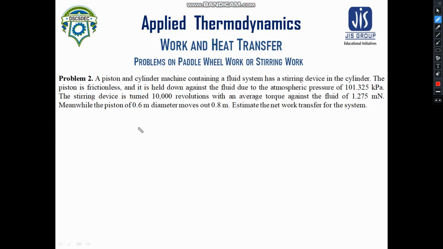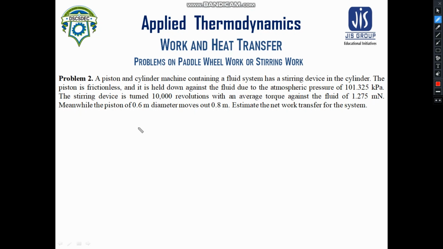So after the discussion on paddle work or stirring work, let us take a problem and solve it so that we can understand the concept of paddle work or stirring work much more efficiently. Let us read the problem. A piston and cylinder machine containing a fluid system has a stirring device in the cylinder.